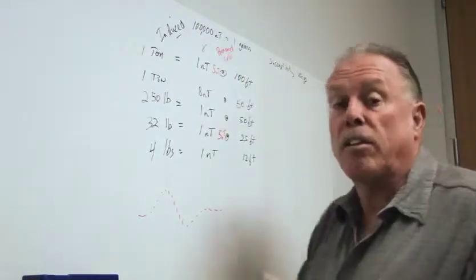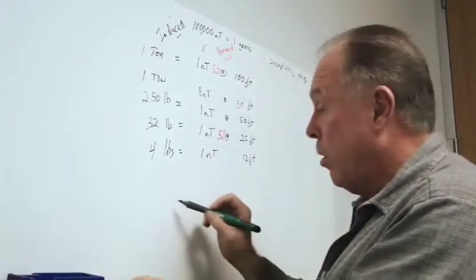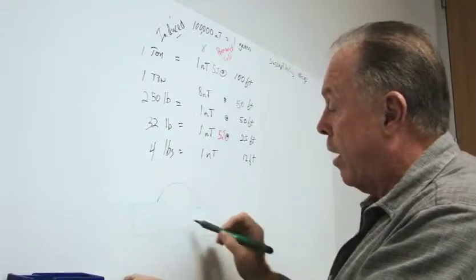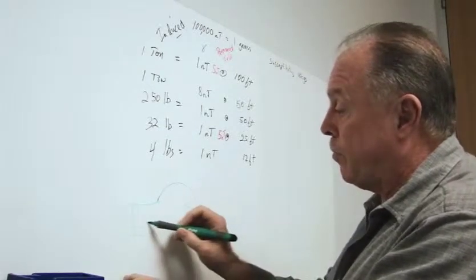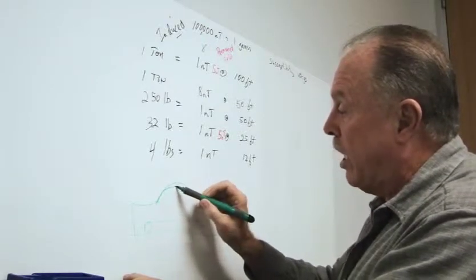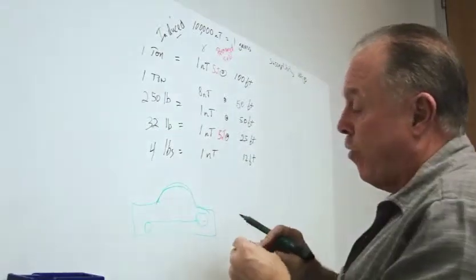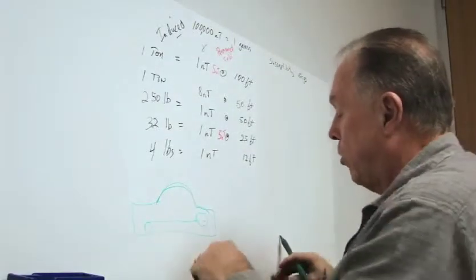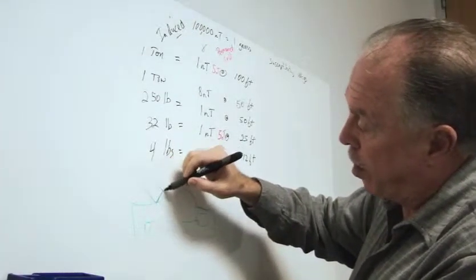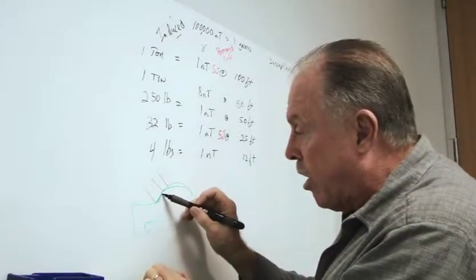But there's another factor to consider, and that is that the car is somewhat hollow. So we have a car that has certain metal parts in it, but it also has certain metal skin which keeps the Earth's magnetic field from actually entering into the interior. So the Earth's magnetic field wants to come and go inside, but it can't because of the steel covering.